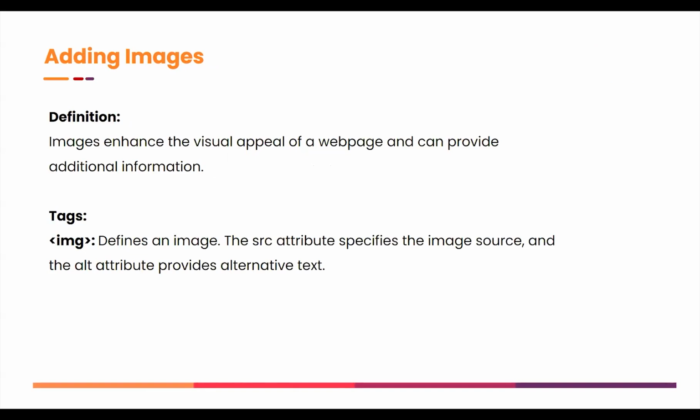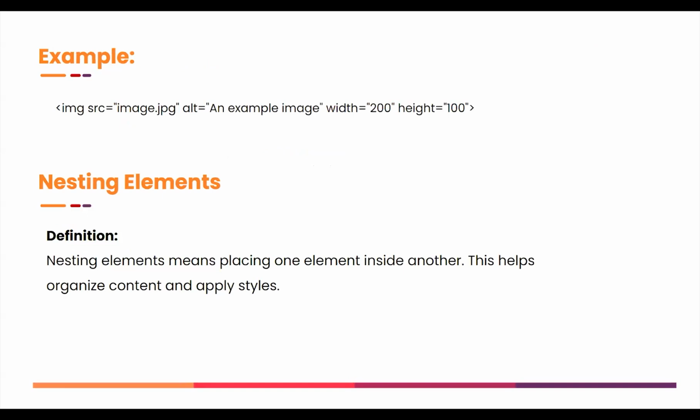So images enhance the visual appeal of a web page and can provide additional information. So we use the IMG tag to define our image. Now it has some attributes. The attributes are the SRC, which is the link to the image. The alt is you giving the image a title or a description.